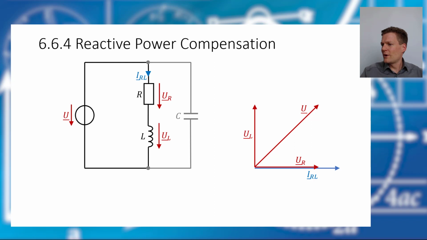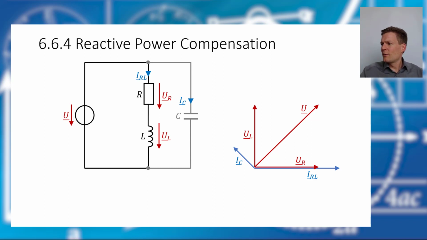And let's have a look at what happens. There will be a current flow through this capacitor, and this current will lead by 90 degrees to the total voltage of the source, because this capacitor is connected in parallel to our ideal voltage source.